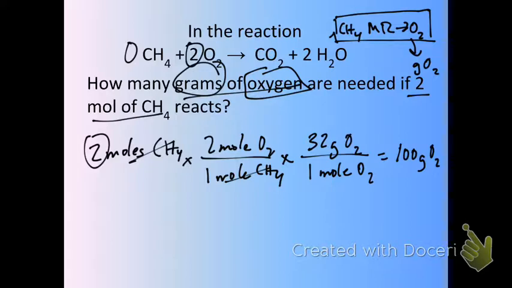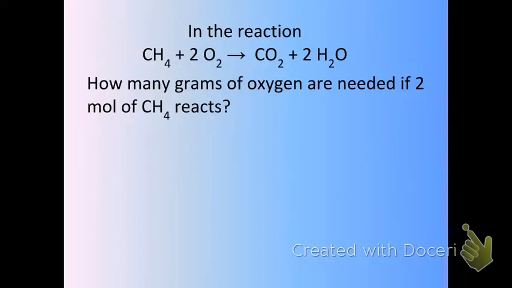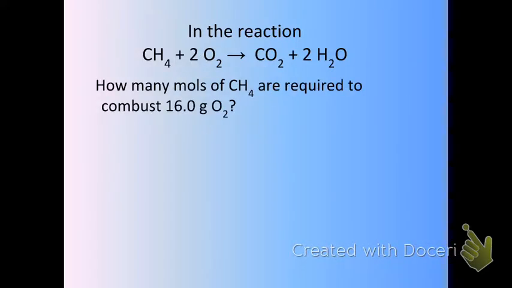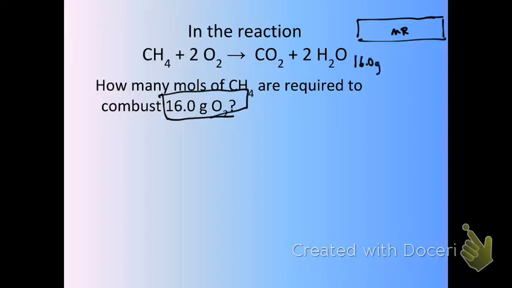Okay? All right. The next one, it says how many moles of CH4 are required to combust 16.0 grams of O2? So we're starting with 16.0 grams of O2. Remember, here's our mole ratio box area, right? But here's the thing now. What are we starting with? We're starting with 16.0 grams of O2.